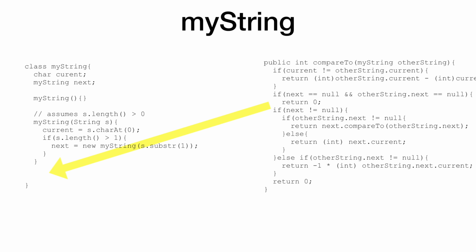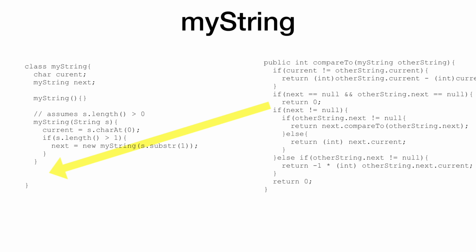I don't know in here anything other than the fact that the length of the string is greater than 1, right? I could ask, but I don't need to know how long the string is that's after me, right?